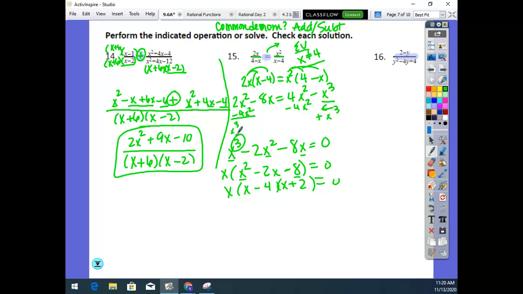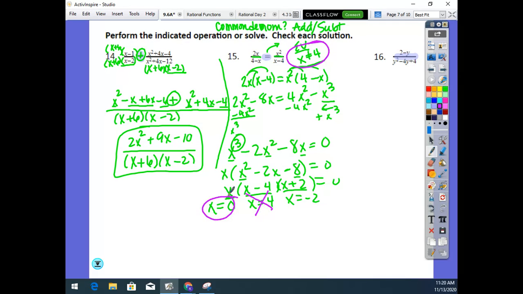So degree 3 tells us there's 3 possible answers here, where x equals 0, x equals 4, and x equals negative 2. But remember, our excluded value is 4, so we're going to cancel this out, and these are my 2 solutions.